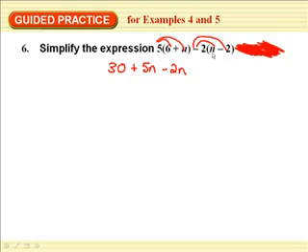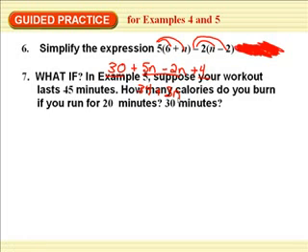And then negative 2 times negative 2 is positive 4, because a negative and a negative make a positive. So then I'm going to add my constants, 30 and 4, and get 34. And then 5n minus 2n is positive 3n. So 34 plus 3n. And I think that was the answer before I scratched it out.